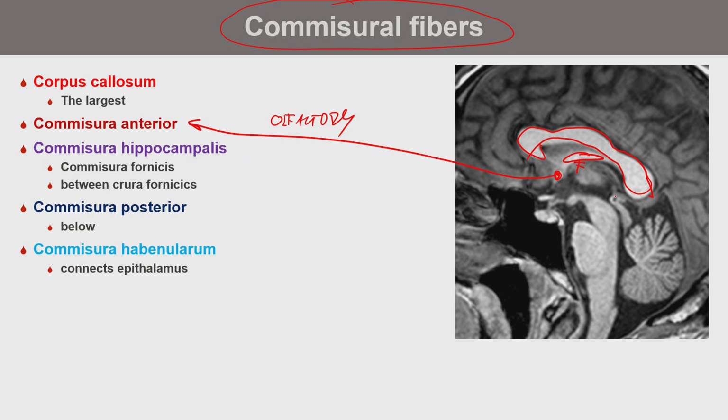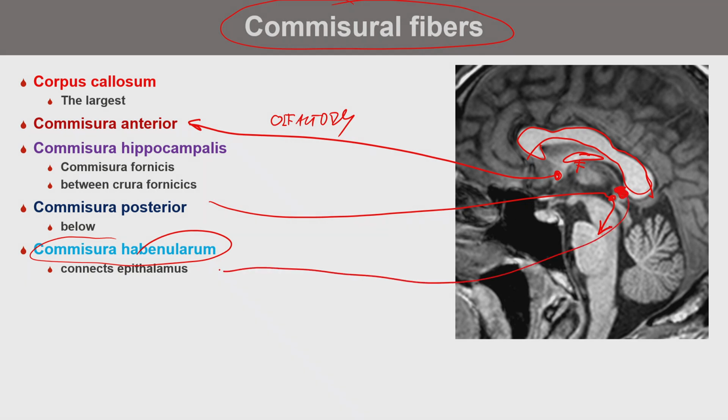Then we have the posterior commissure. We have heard that this is a transmission of signals towards the mesencephalon, and the commissura habenularum, and this commissure is seen here, somewhere here, and this is the connection of the epithalami.